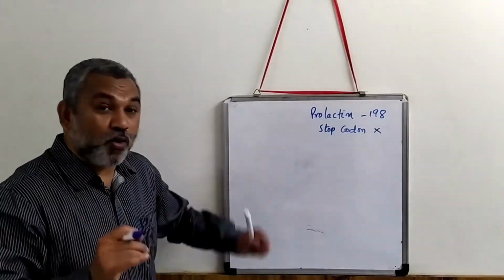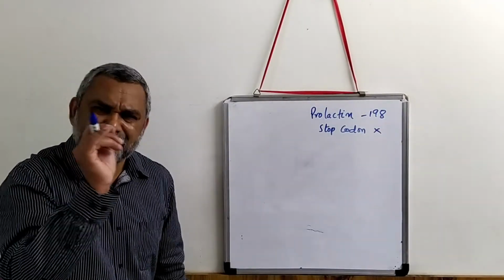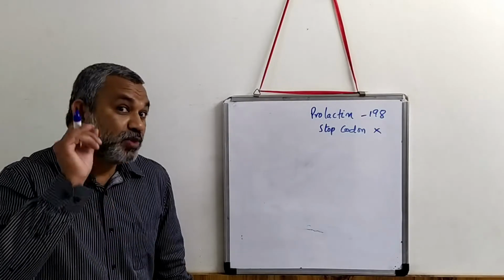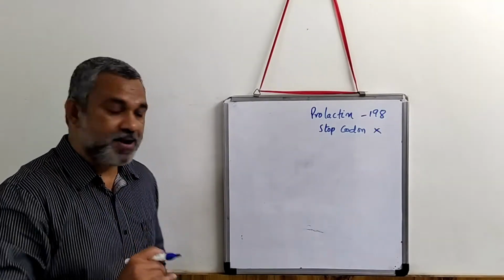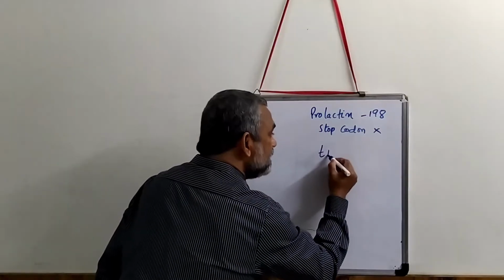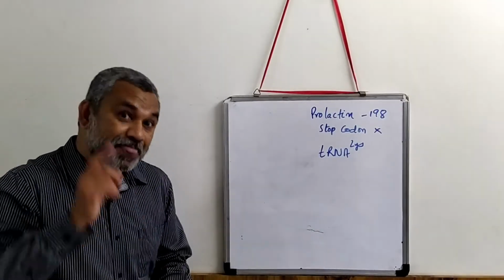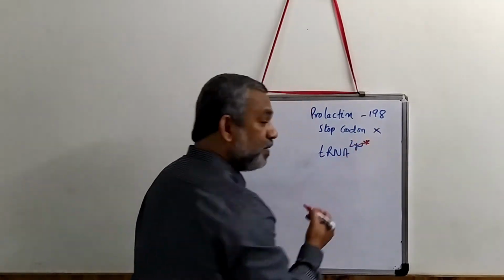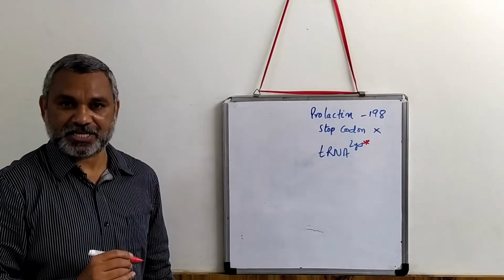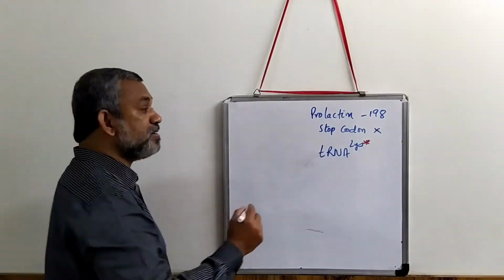Now this protein has a lysine residue somewhere in the middle. They wanted to manipulate this lysine residue. They took the tRNA for this lysine and modified the lysine residue with a cross-linking chemical.